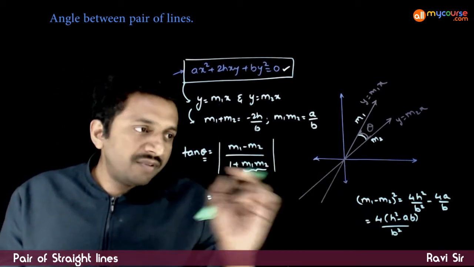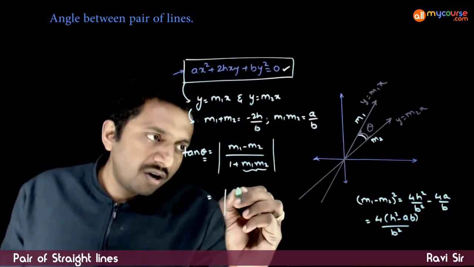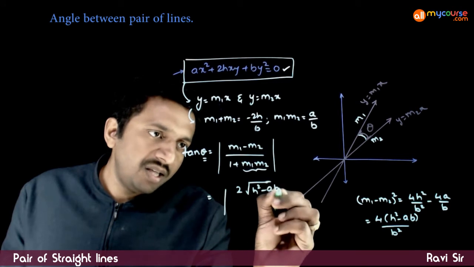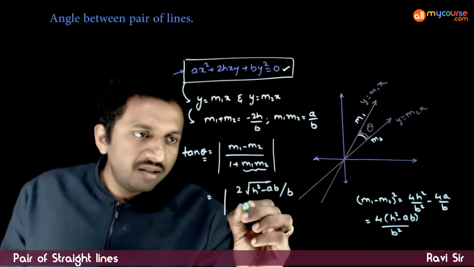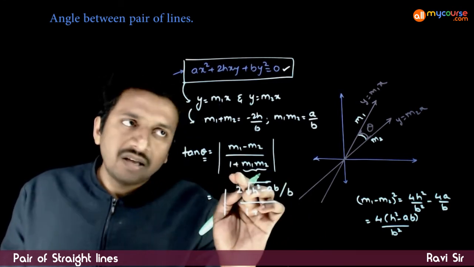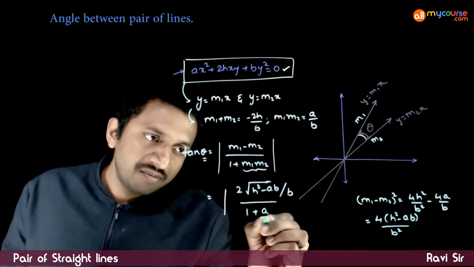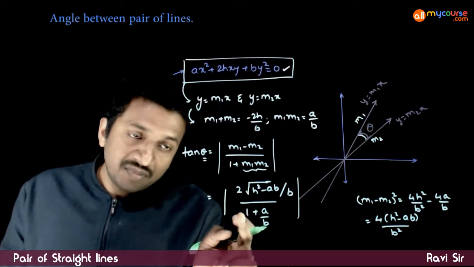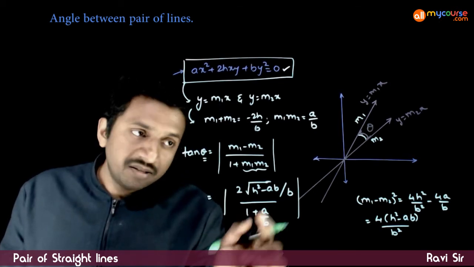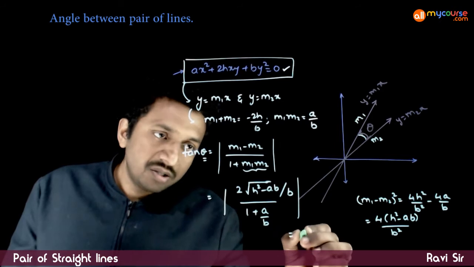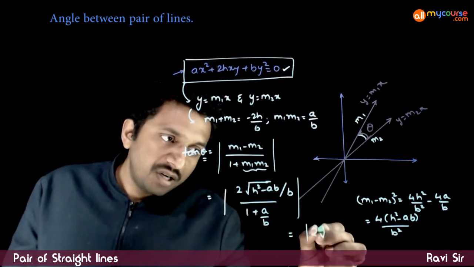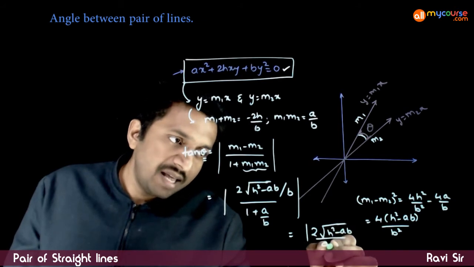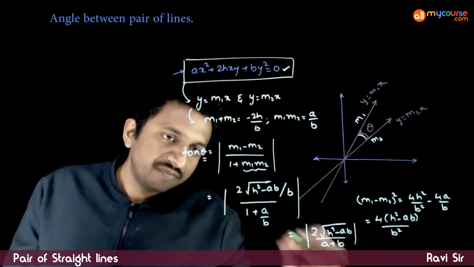So what is mod of m1 minus m2? It is mod of 2 times root of h square minus ab divided by b, by 1 plus m1 m2, which is a by b. If you take the LCM, you get a plus b by b. So b and b get cancelled, and you get mod of 2 root h square minus ab by a plus b.